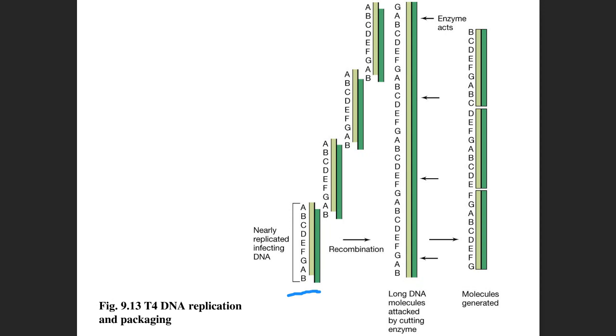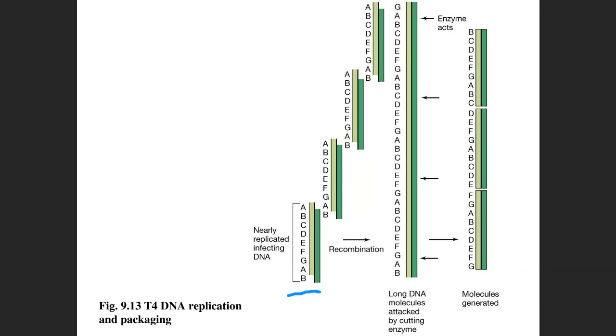And the phage DNA is synthesized in pieces. And then these staggered or cohesive ends will stagger together so that they can actually make a long DNA molecule and then cut it into the precise size. We'll come back to this in a second. It's a uniform size.